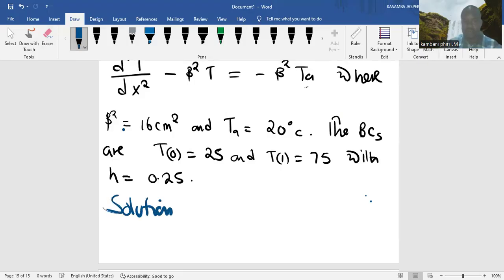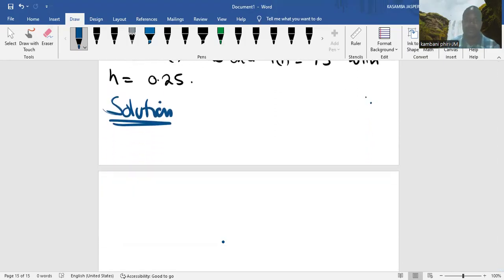How do we get the solution? The first thing that we can do is to rewrite our differential equation in this form: T double prime minus beta squared T is equal to minus beta squared Ta.